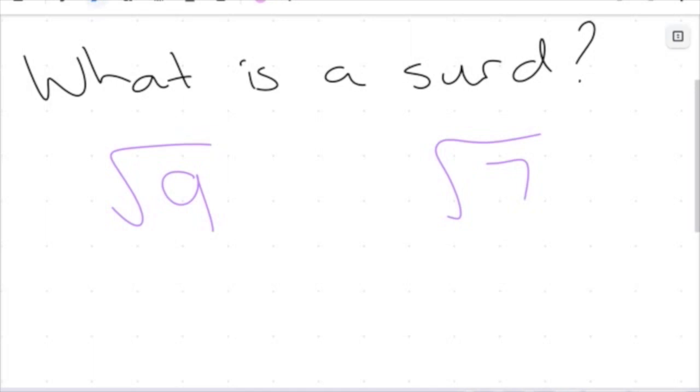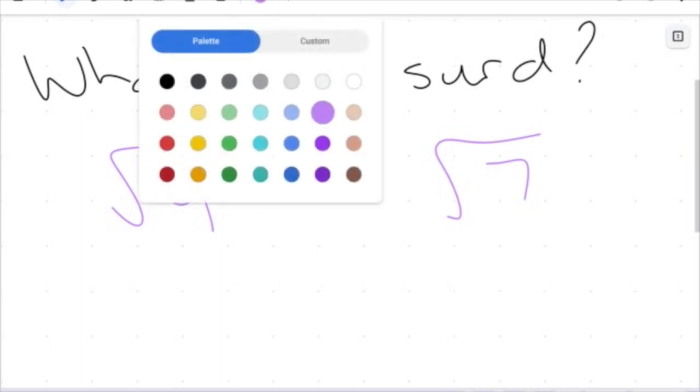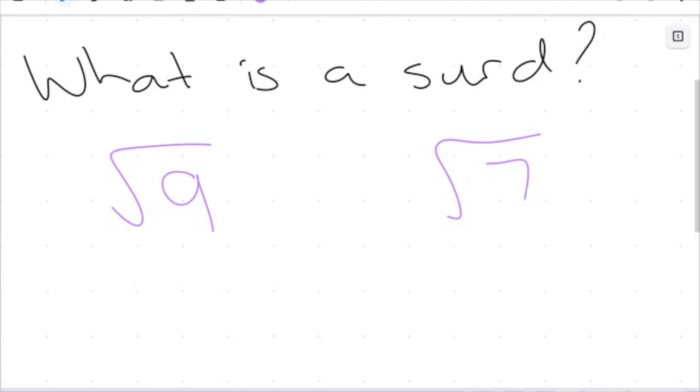So if a number can be multiplied by itself to give us a perfect square, we can apply what we call a square root to that perfect square to give us the number that multiplied by itself to give us that. So for example, if we take the square root of 9, that gives me 3.